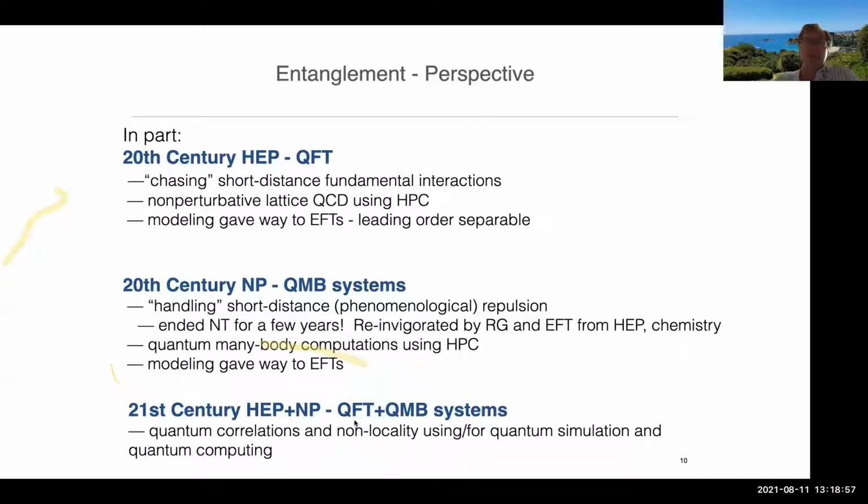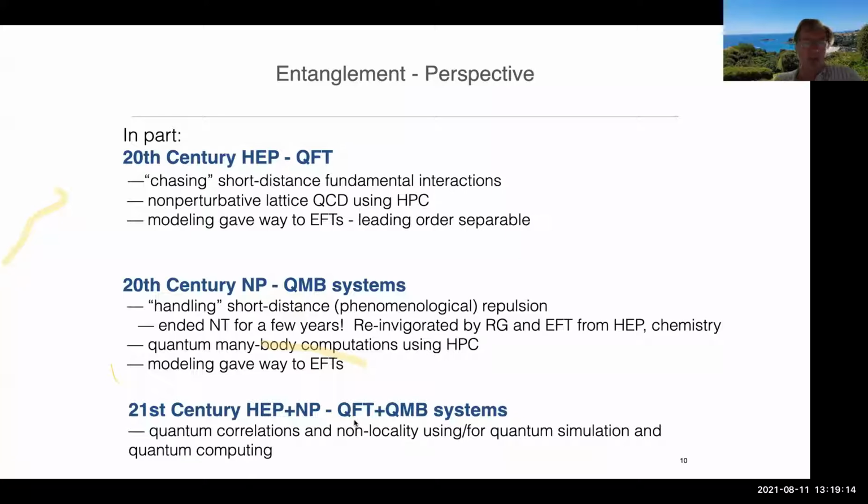The renormalization group allowed us to reliably flow the short range repulsion, to soften it, to enable the quantum many-body techniques to become more convergent. And so again, modeling gave way to effective field theory.